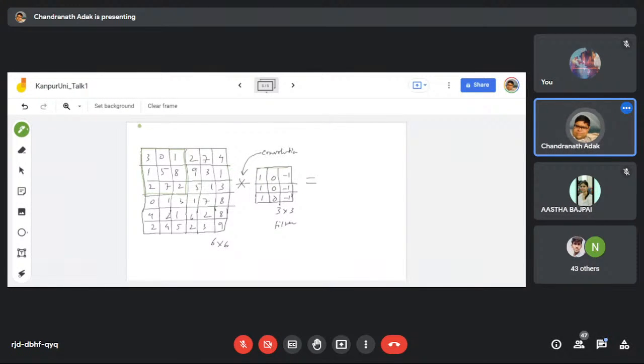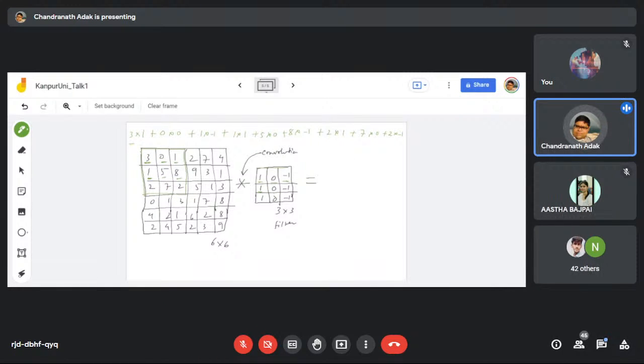So I get 3 into 1, plus 0 into 0, 0 into 0, plus 1 into minus 1, then 1 into 1, similarly 5 into 0, then 8 into minus 1. Please calculate: 2 into 1 plus 7 into 0 plus 2 into minus 1.